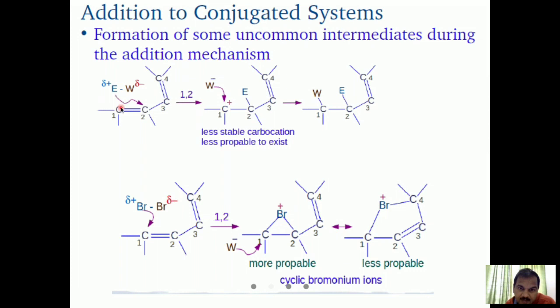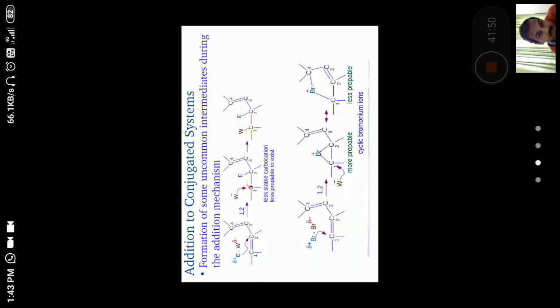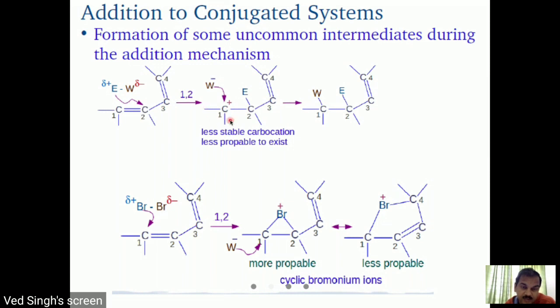Why will this be least favored? Because of the carbocation that is going to be formed. If it attacks here, the carbocation will be here. Here it is a tertiary carbocation, but here it is not, because these are hydrogens. So this will be a primary carbocation, which is least stable. So it is less probable, and the product is least in amount.